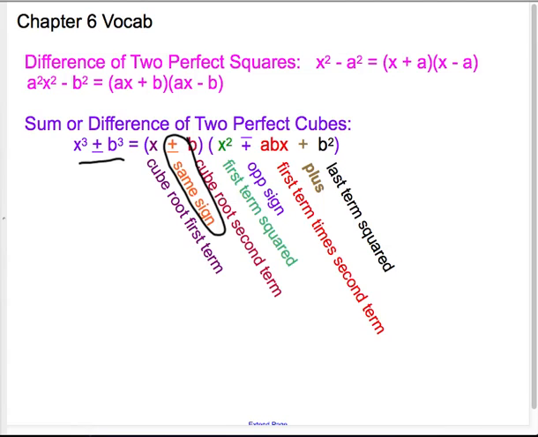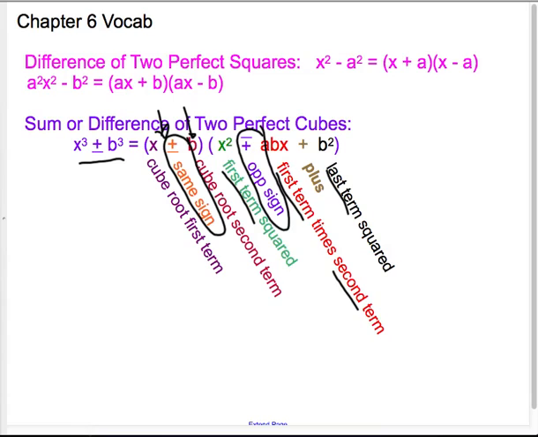When you get to the second part of your factoring, right here when it says first term or second term, we're talking about this binomial. So these are now our first and second terms. So we take the first term squared, or x squared. Here, notice we now have the opposite sign. So if we started with x cubed plus b cubed, now we're going to have x squared minus abx.